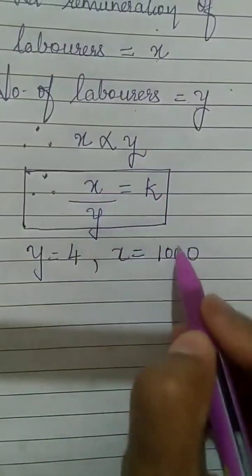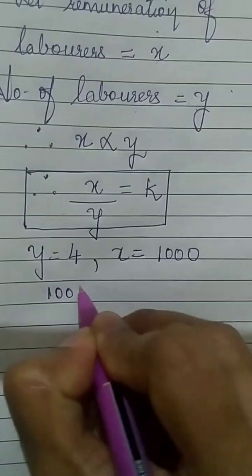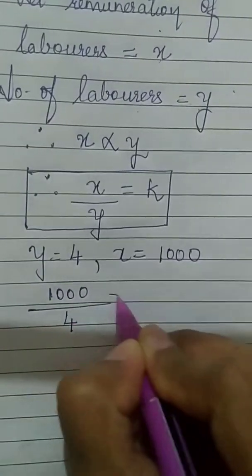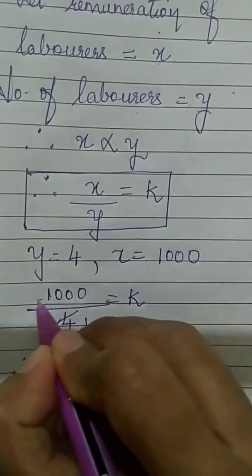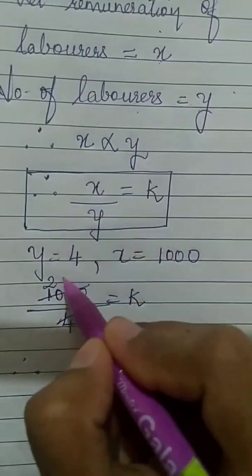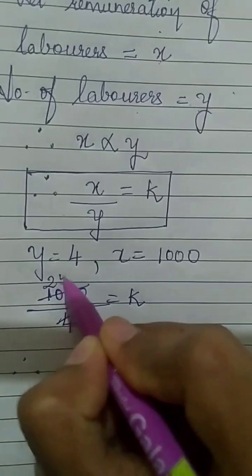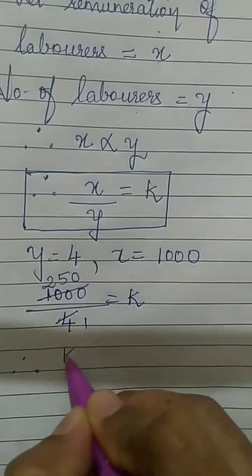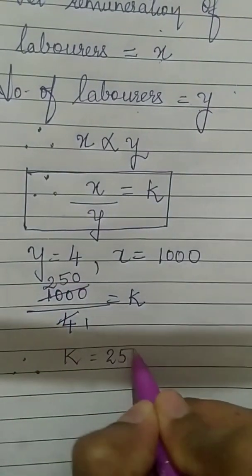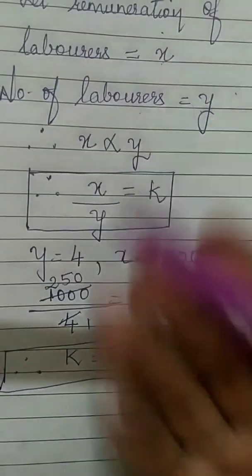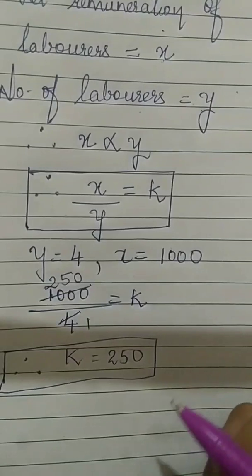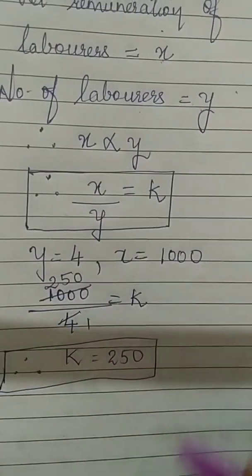In place of X, put 1000 upon 4 is equal to K. So therefore, 4 ones are 4, 4 twos are 8, 4 fives are 20. So we got K is equal to 250. Constant we got. If you get the constant, then any number, simply, easily you will get the answer. So this is the constant.